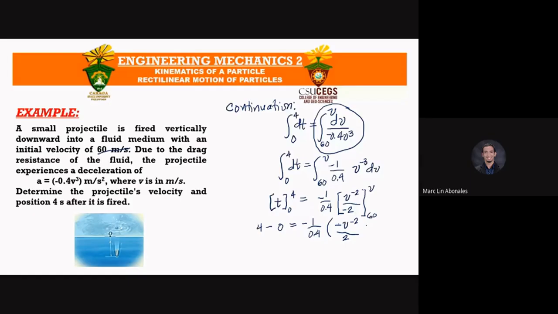Then substitute the lower limit, 60 raised to the power of negative 2 over 2. Okay, so we just simplify this one. So 4 is equal to negative 1 over 0.4.